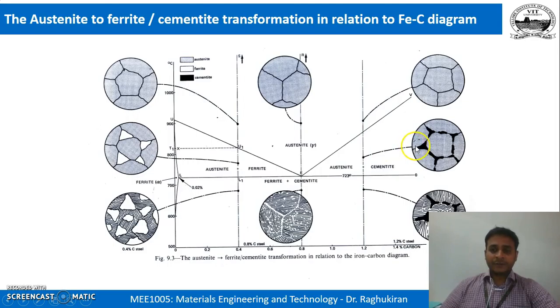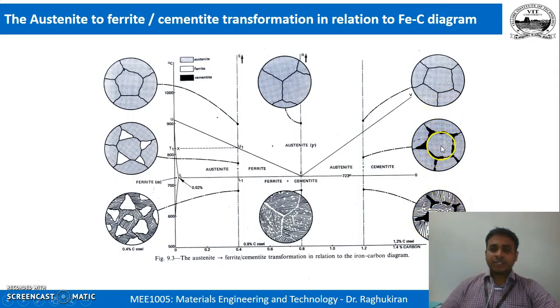Because you already have austenite, so your cementite starts liberating at the grain boundaries. You see all this grain boundary has a dark phase, that is cementite. Once you reach this point, the remaining austenite will have this composition, that is the eutectoid composition. Once you reach the eutectoid composition of this austenite, all this austenite will now be transformed into pearlite. That is what you see here.